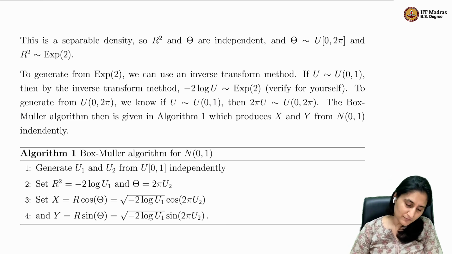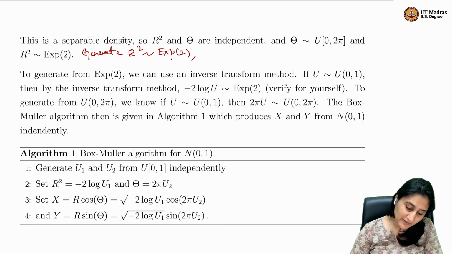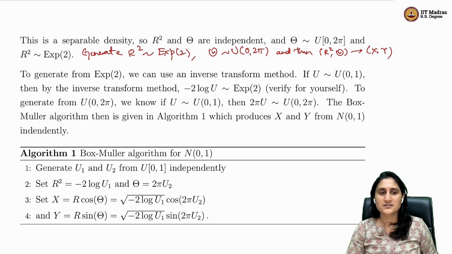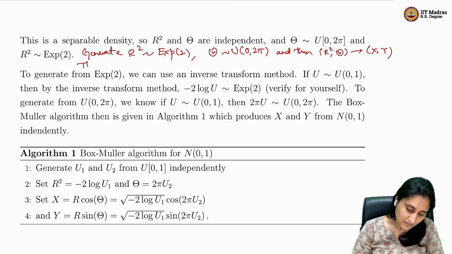So using this fact, I can generate r squared from exponential 2, generate theta from uniform 0 to 2 pi, and then transform r squared comma theta to x and y using the transformations that we've just discussed. If we do that, then x and y will be IID normal 0, 1.